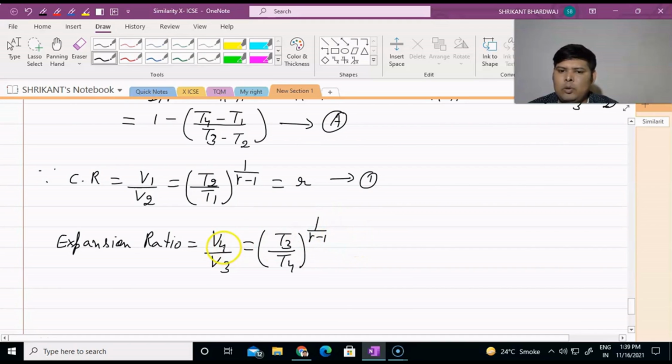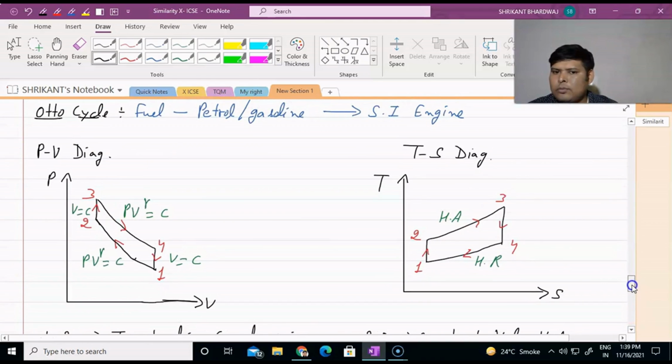And since we all know from the PV diagram, you can see that V2 is equal to V3 and V4 is equal to V1.